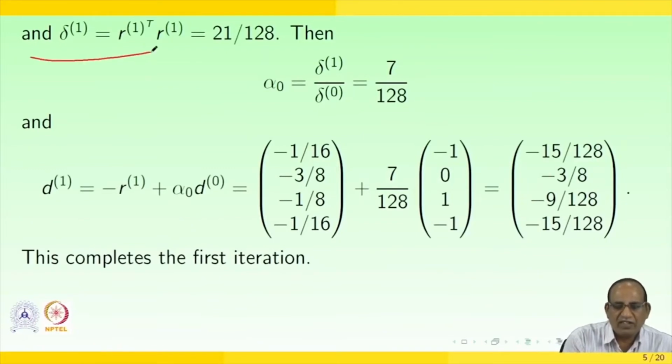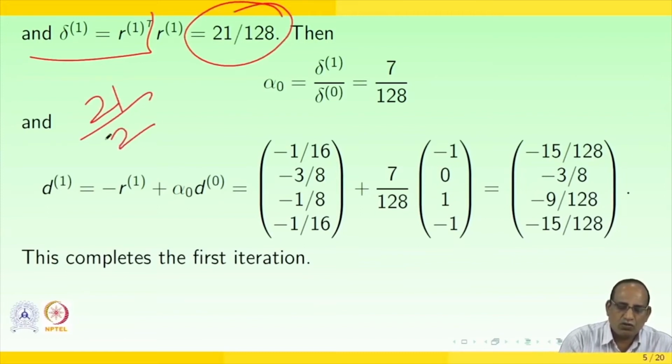And the delta of 1 is equal to R of 1 transpose R of 1, which is equal to 21 upon 128.